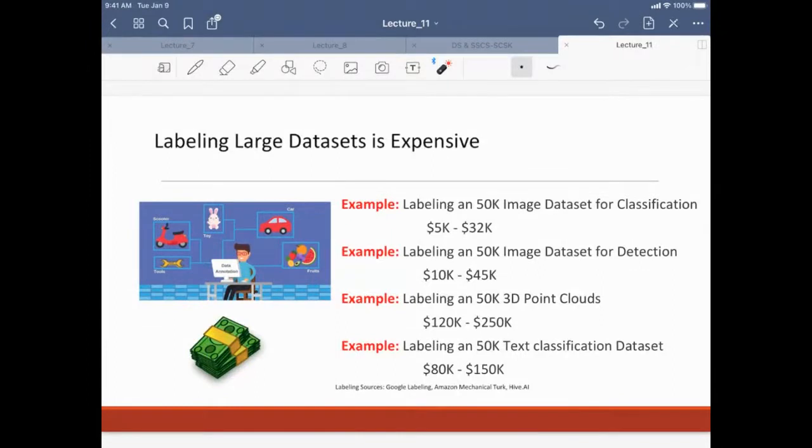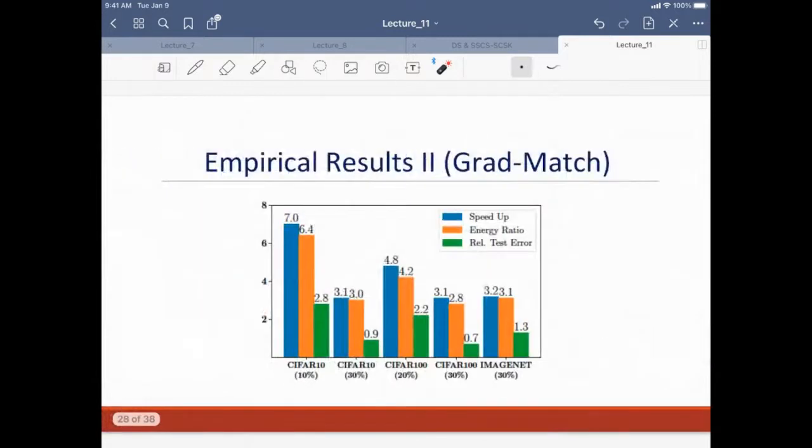The first application was selecting data subsets with the goal of training efficiency, right? If you see the results over here, the green is the relative test error. You can achieve almost 3x to 5x speed up with around 1 to 2% loss in accuracy, and this is across several data sets like CIFAR10, CIFAR100, ImageNet.